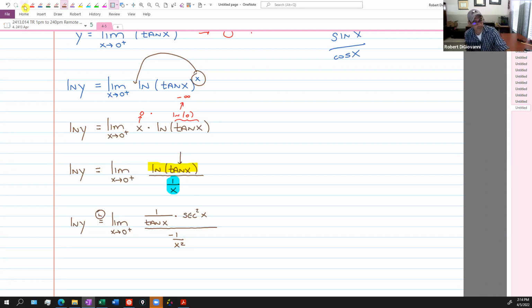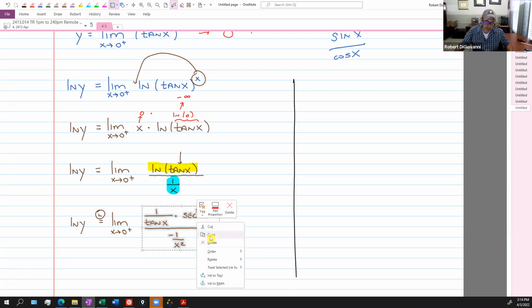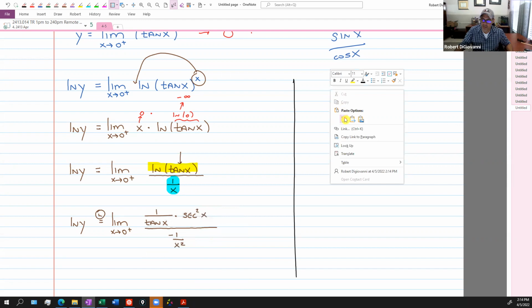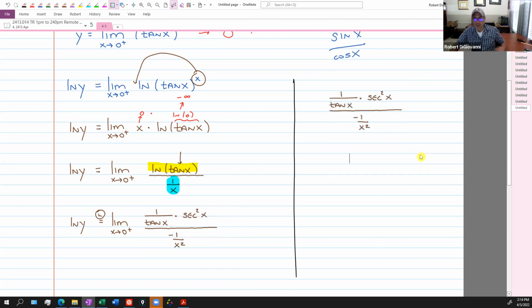All right. I'm going to go over here on the side. This looks like a mess. I'm going to come back to this. I'm just going to clean it up and see algebraically if I can make that look better. So 1 over tangent is the same as cotangent, right? So this thing is cotangent x.